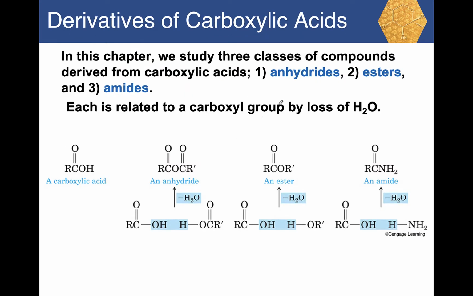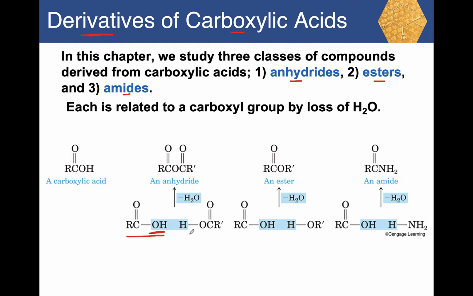Okay, so the three classes of compounds that will be examined in this chapter are anhydrides, esters, and amides. We've seen those functional groups before. Why are they called derivatives of carboxylic acids? It's shown here. So here's a carboxylic acid, as you can see, the OH.